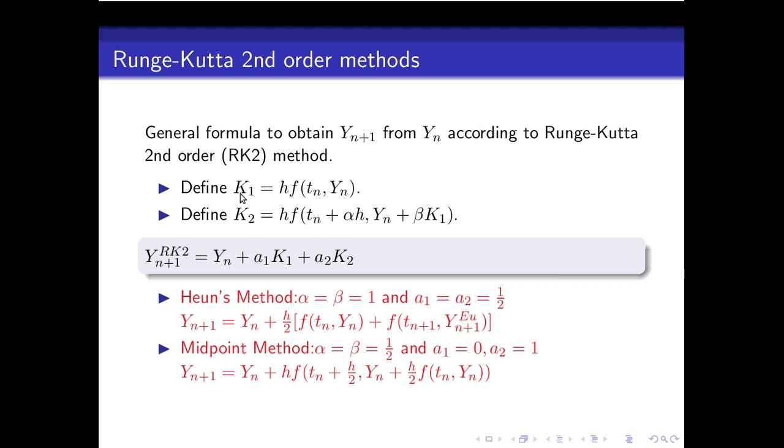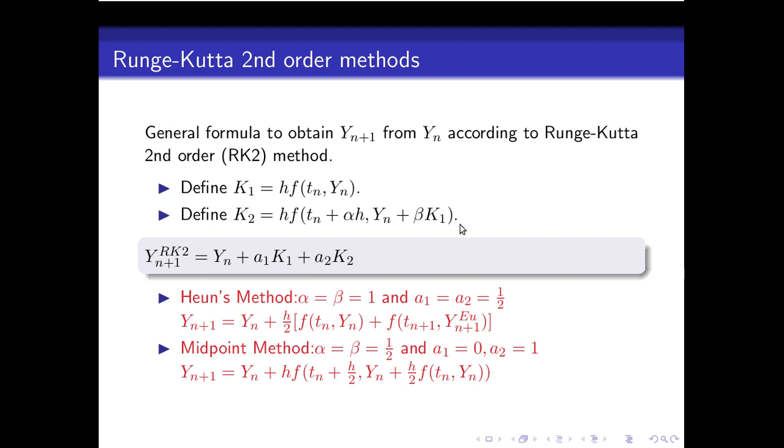So k1 is h into f(tn, yn), and k2 is h into the function where instead of tn we are writing tn plus alpha h, and instead of yn we are writing yn plus beta k1. In terms of this k1 and k2, yn plus 1 according to RK2, Runge-Kutta second order, can be written easily as yn plus a1 k1 plus a2 k2, as simple as that.